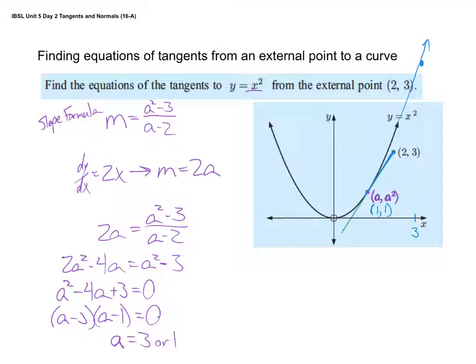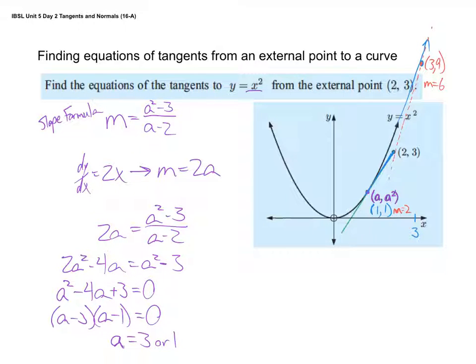So from 1, 1, the slope equaled 2. From up here, it's much steeper, but notice there, that's the point 3, 9, and our slope was actually 6. Both of those are valid answers.